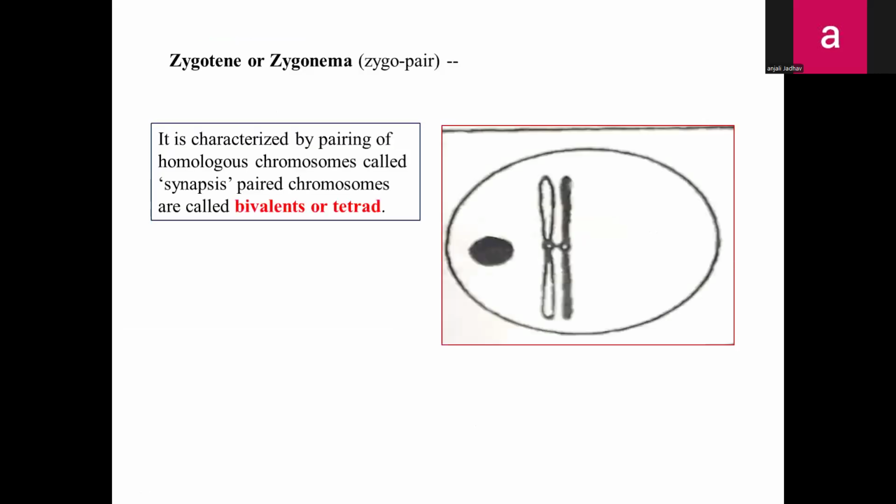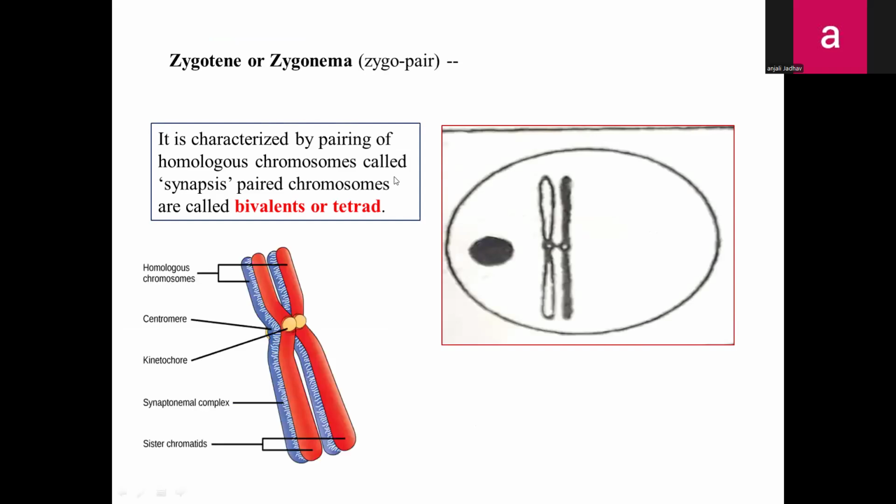Now we will proceed. Zygotene. Zygotene मतलब क्या है? Zygo matlab pair. It is characterized by pairing of homologous chromosomes, right? यहाँ पे homologous chromosomes का pairing होता है. मतलब क्या होता है? देखो, ये homologous chromosomes है और pairing of homologous chromosomes को बोलते हैं synapsis, and paired chromosomes are called bivalents or tetrad.